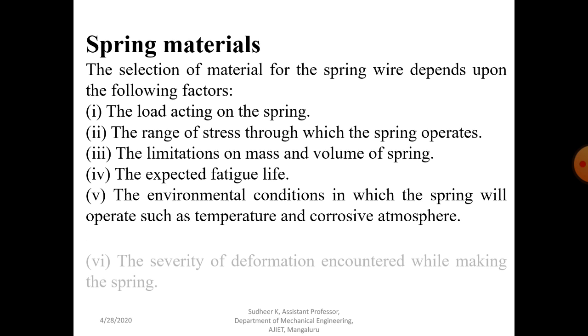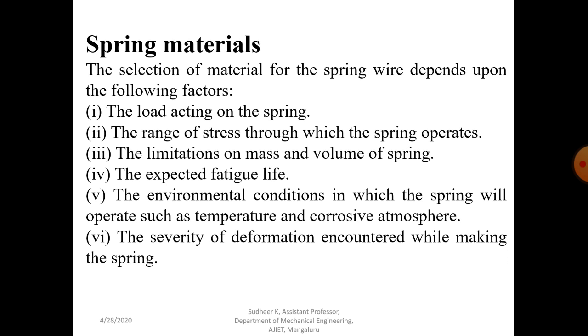And coming to the sixth one, the severity of the deformation encountered while making the spring. Any changes in the deformation are also encountered while making the spring. So these are the factors we have to consider while selecting the material for spring wire.